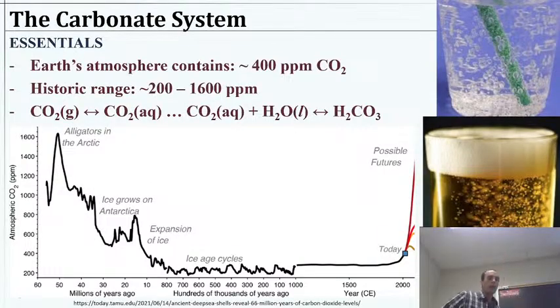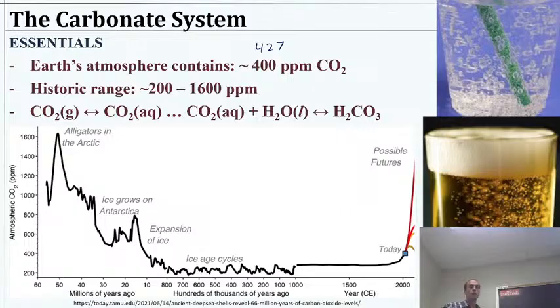Okay, so a few general notes about the carbonate system. The Earth's atmosphere currently contains, I looked it up, something like 427 ppm of CO2. That corresponds to something like 0.00427% of the atmosphere.